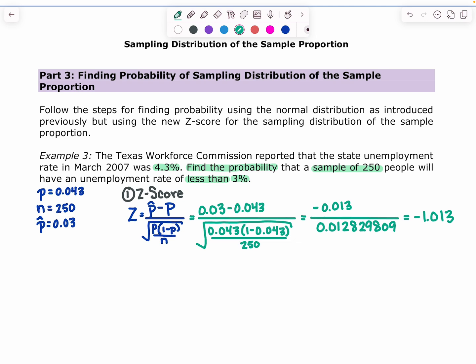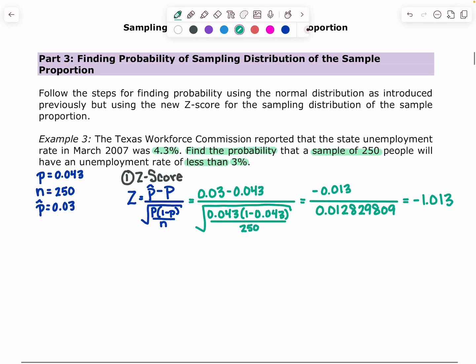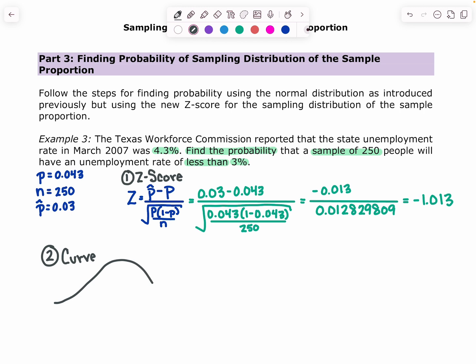So that's our z-score. And then the rest of the steps are the same as they would be if this were a single x value or a sample mean. Step 2 is to draw our curve and label our z-score. So there's my curve. There's 0 for the z-score of the mean.